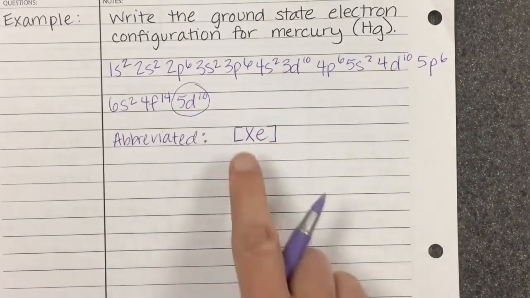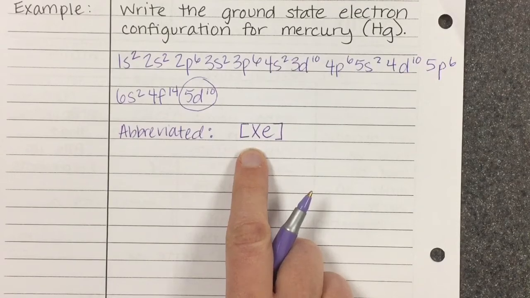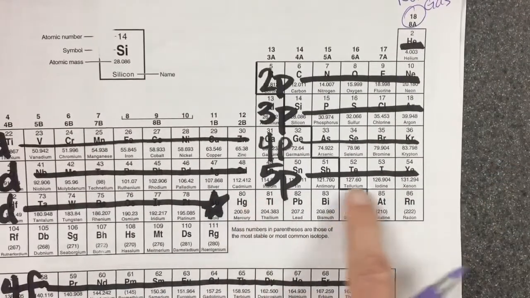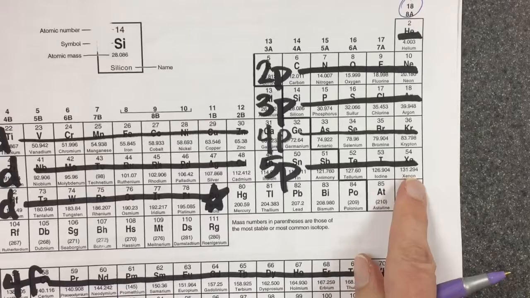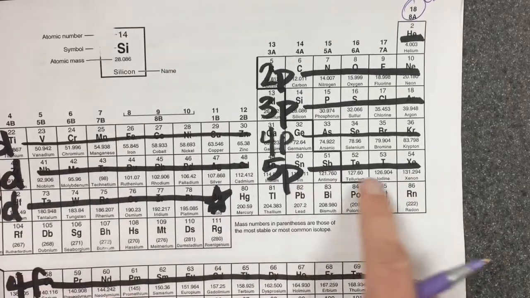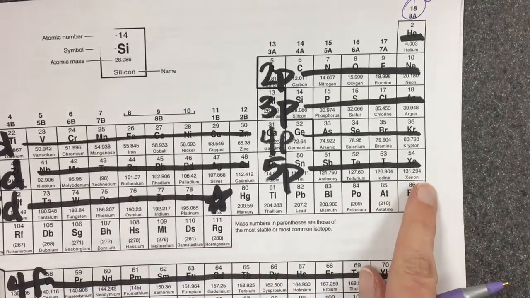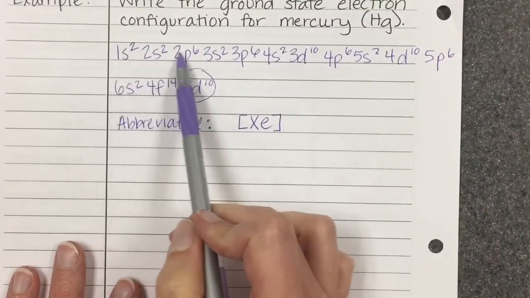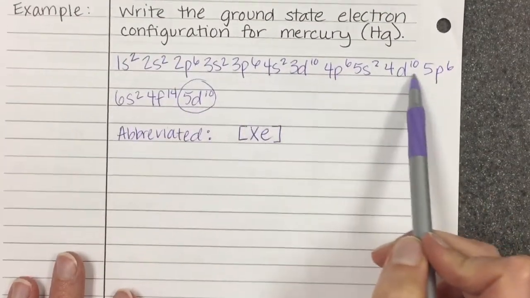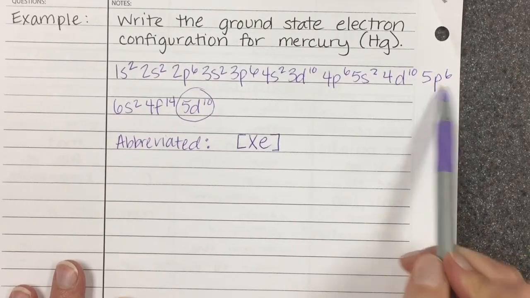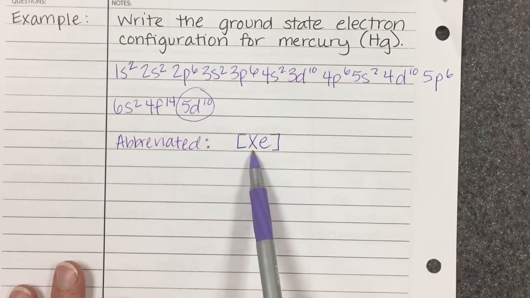And by taking the symbol for xenon and putting it in brackets, that represents 54 electrons. So that gets me all the way through the 5p sublevel. So all of this stuff up here is now represented by this symbol right here.